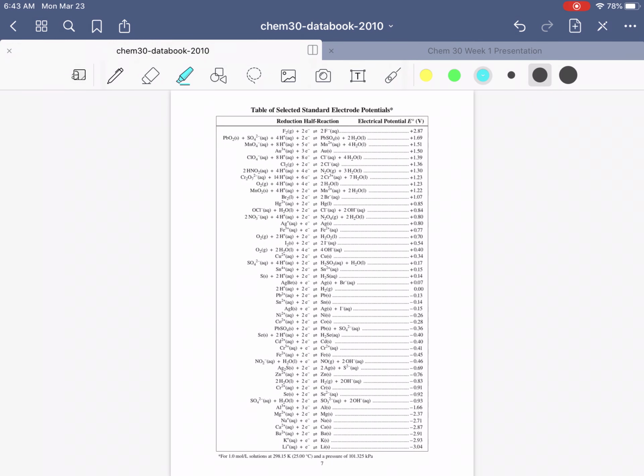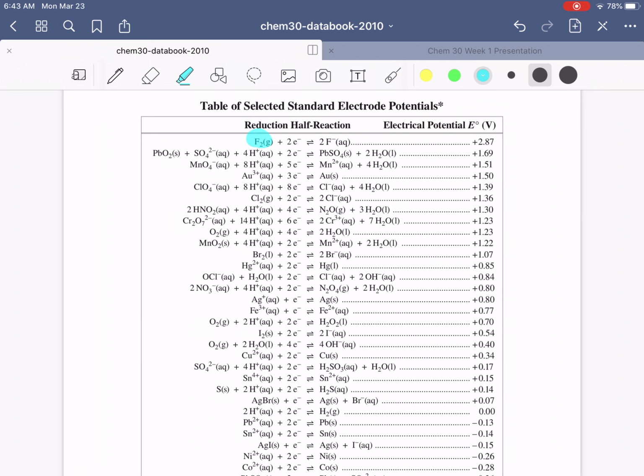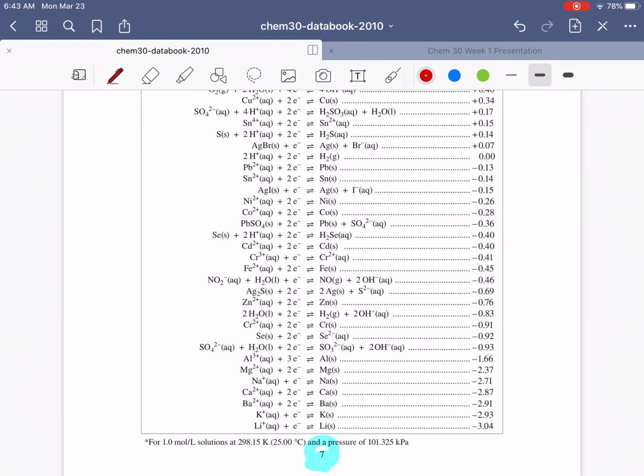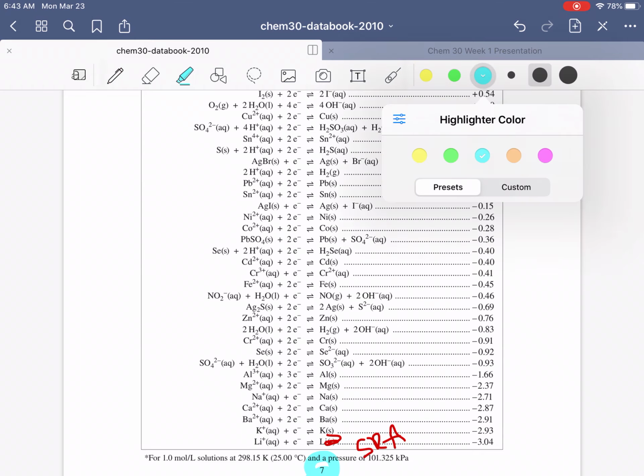Think about this table. This is page 7 of your booklets. If you go right to the top of it, that highest one, fluorine, is considered to be the strongest oxidizing agent on this entire chart. That means if we go down to the bottom to lithium, this is going to be our strongest reducing agent of our entire chart.